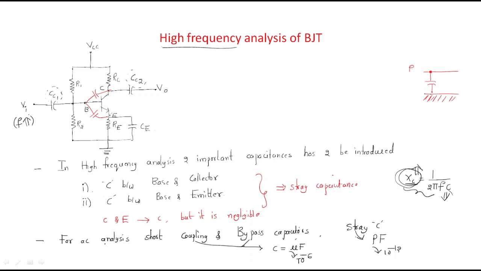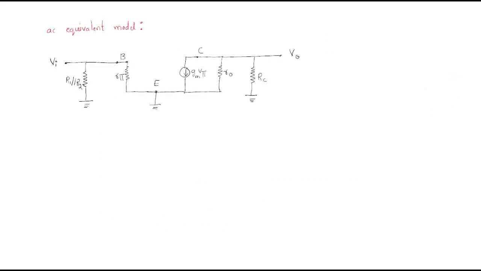So we are doing AC analysis, but high frequency AC analysis. For that purpose, we remove these capacitances, and if we draw the AC equivalent circuit for this circuit, it looks like this. We already did this in the previous small signal analysis.